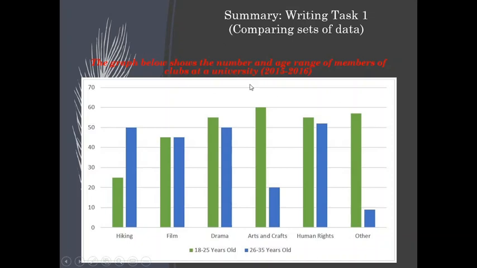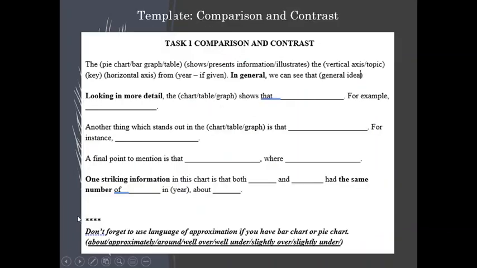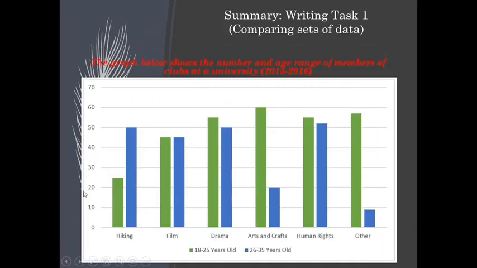Okay, so we have here number and age of members of clubs at a university, 2015-2016. So look at the vertical axis. So what information do you have on your vertical axis? Okay, it's showing the number of members.